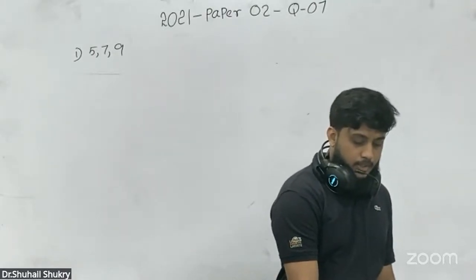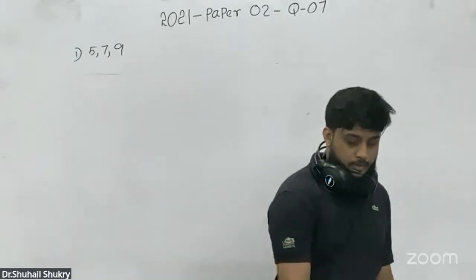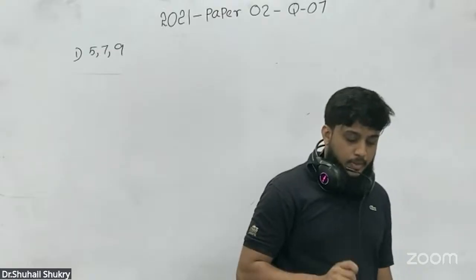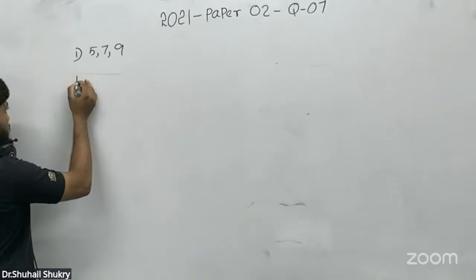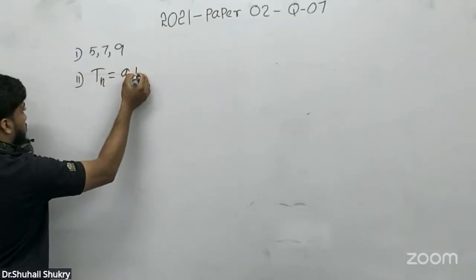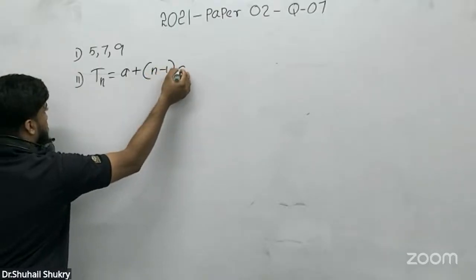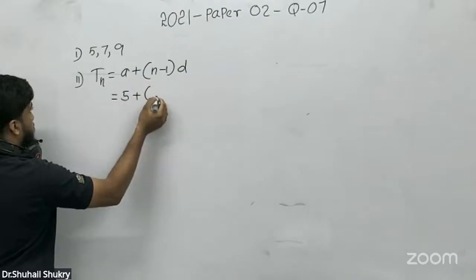Then after that they have asked how far is the 8th flowering bush from the tap? Second one, what do you have to use here? Tn equals a plus n minus 1 d. What is the value of a? 5. And n is how much?